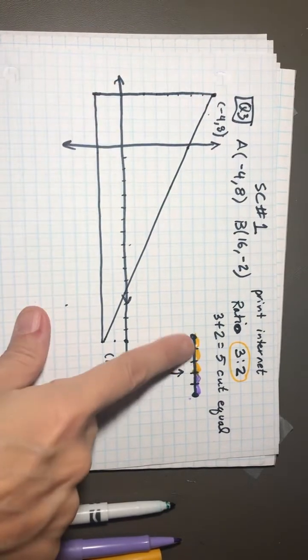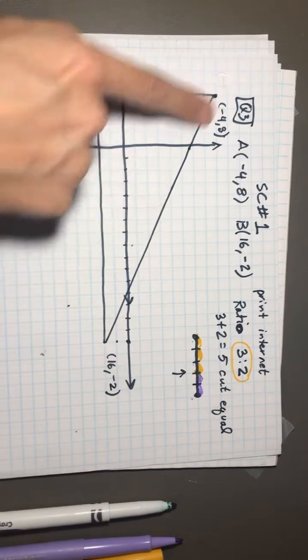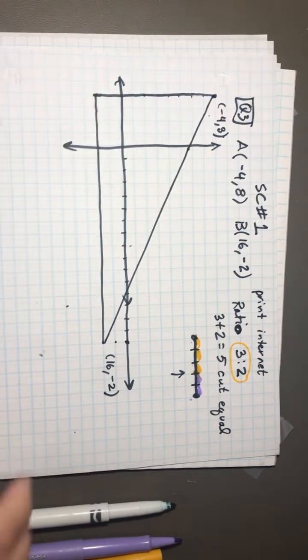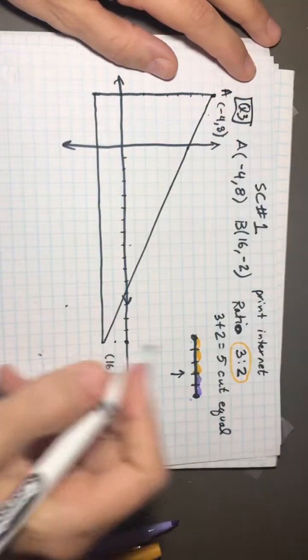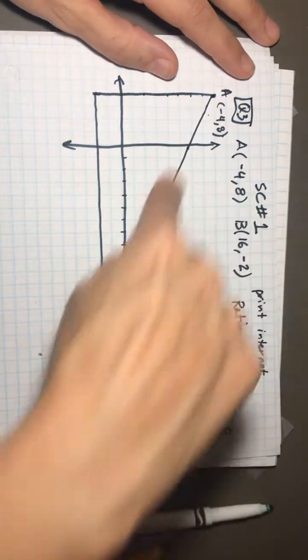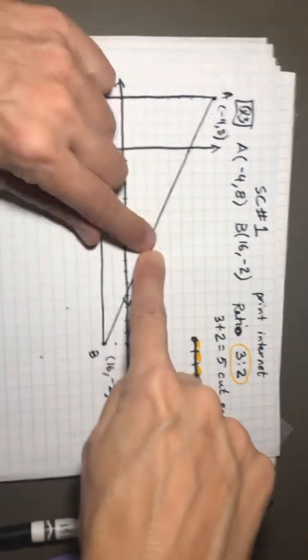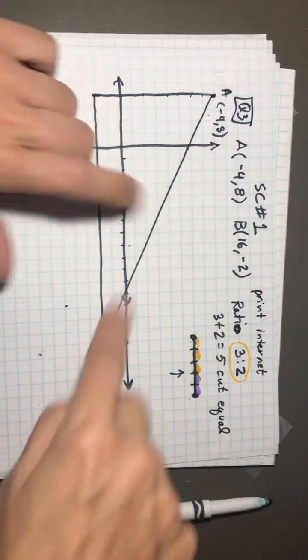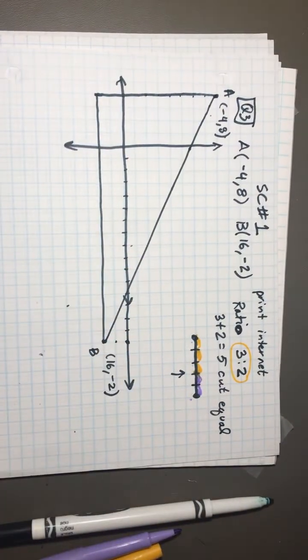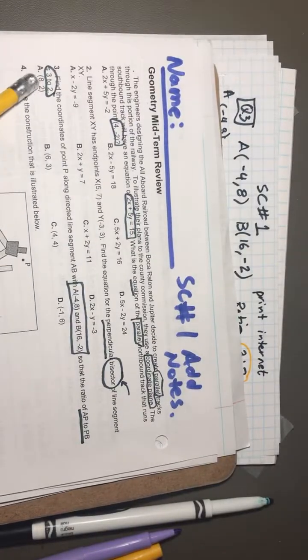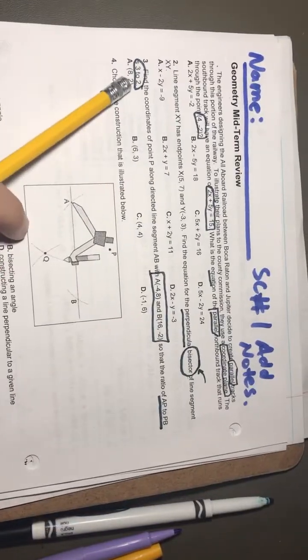But I'm pretty sure, just like in this little example, the point is somewhere along in here. So I went on a journey from A to B, and I went 3 equal paces and had 2 equal paces left to go. So somewhere in there. Now I can ballpark it here. It looks like 8, 2 is that coordinate.